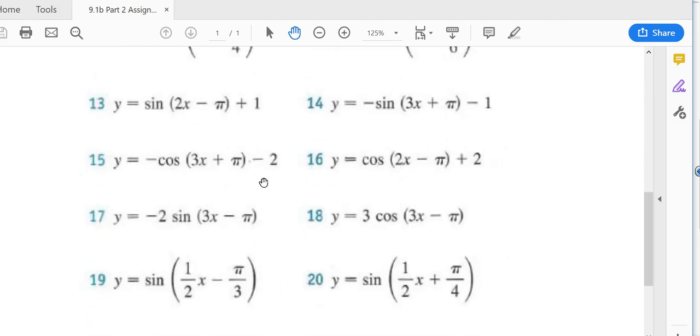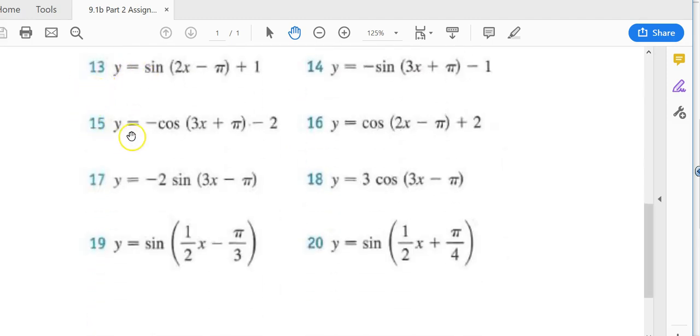The problems that we just did in notes were 13 and 15. So you have to choose 4 of these other 6 problems to do. You can choose any 4 of the other problems that are projected on the board. You have 30 minutes in class to get it done. 4 problems, no problem. You can do it.